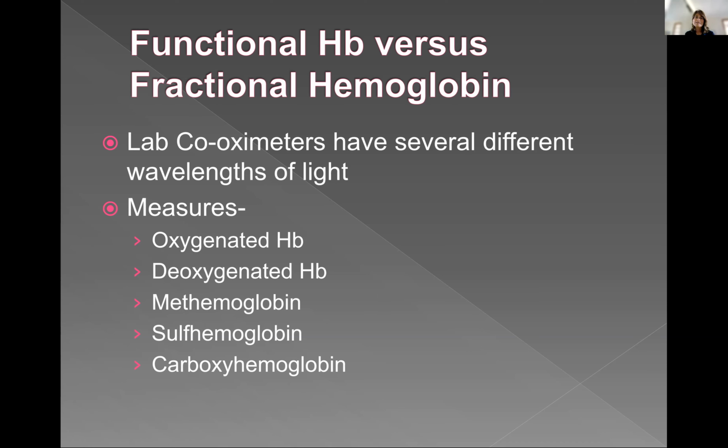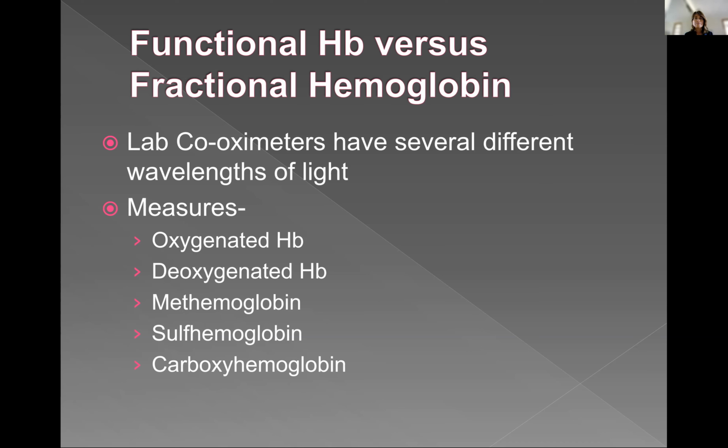So lab co-oximeters have several different wavelengths of light. And just to explain again what a co-oximeter is, a co-oximeter directly measures the different types of hemoglobins. It doesn't estimate it based on an equation, it's an actual measurement.